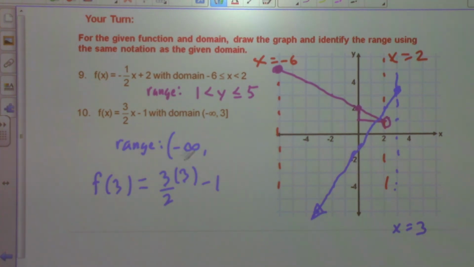We just plugged in 3, so we get 9 halves minus 1. What's 9 halves minus 1? Let me write it as 9 halves minus 2 halves. What is that going to be? Seven halves, right? So that's going to be 7 halves.